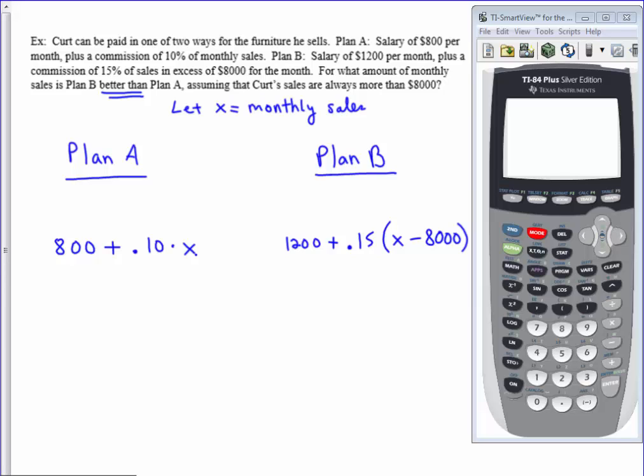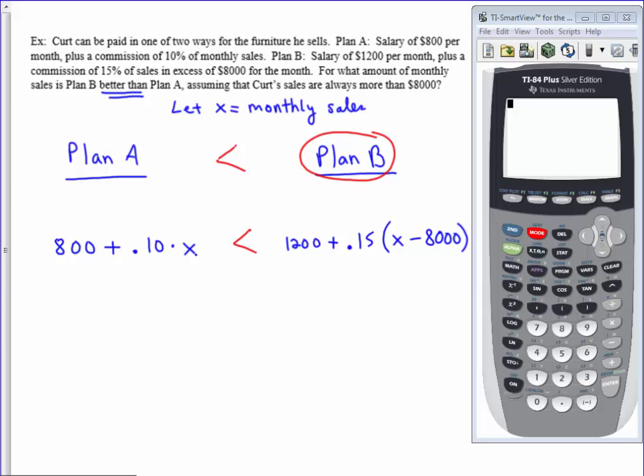Now, the question was, for what monthly sales is Plan B better? So we need this plan to be better, to be larger, to be greater than the other plan. That being the case, our inequality symbol would go this direction. Plan B is greater than Plan A. If it had wanted it to be greater than or equal to, it would have had to have the equal to statement in the problem.